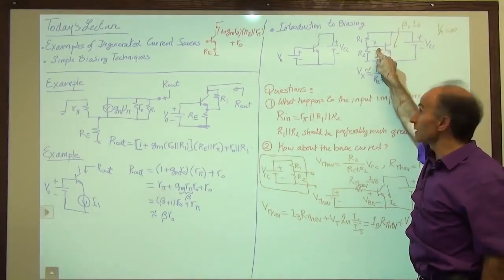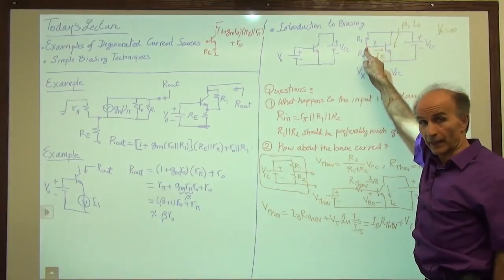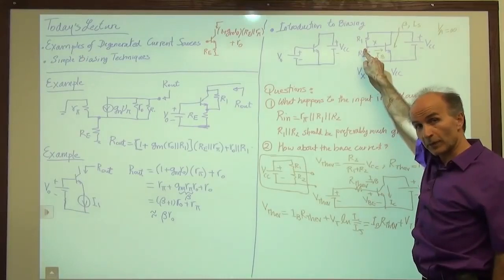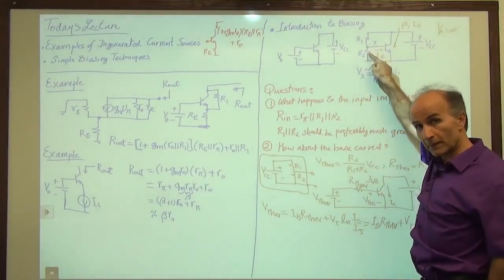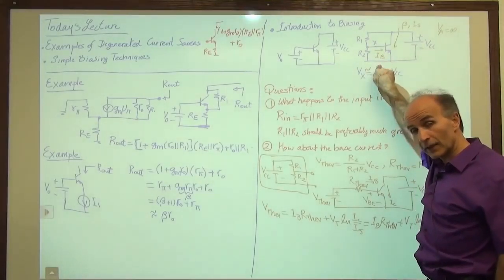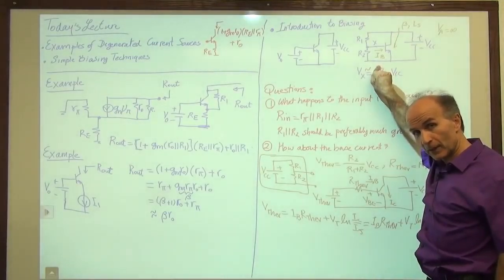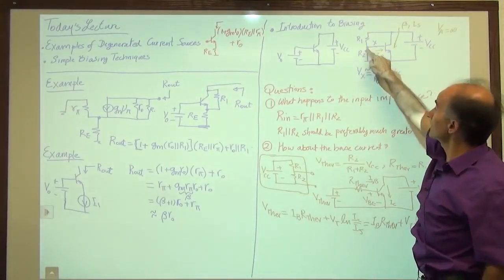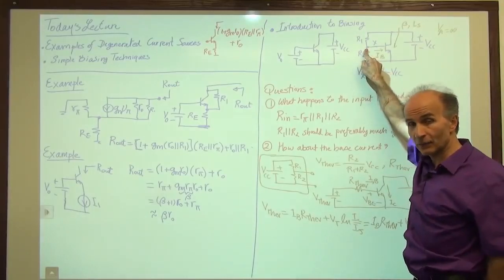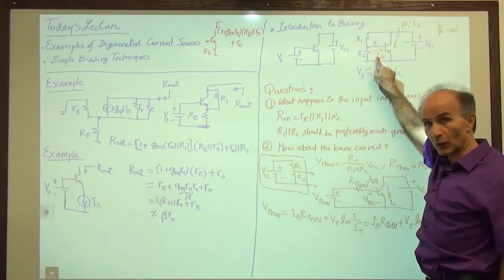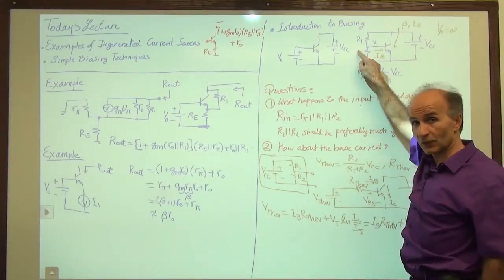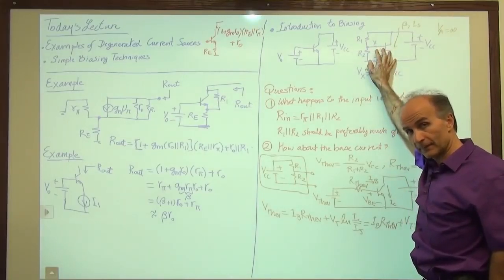If that current changes, this voltage changes. And that's not very good, because presumably this voltage is what this base emitter needs to carry a certain current. So we are hoping that this voltage is not sensitive to this current, which means we are hoping this voltage is not sensitive to the beta of the transistor.